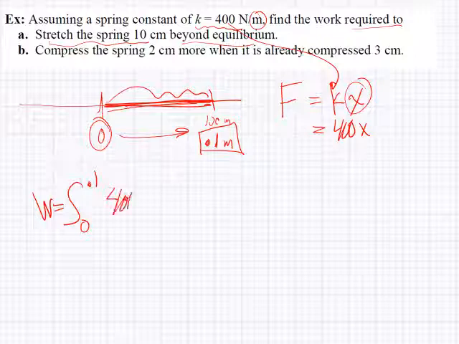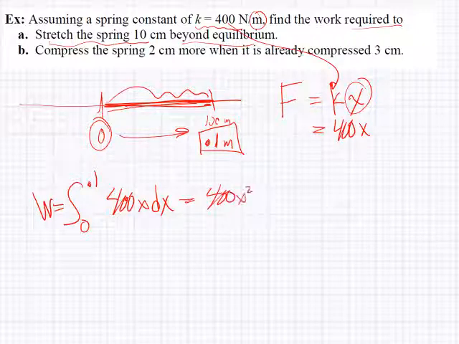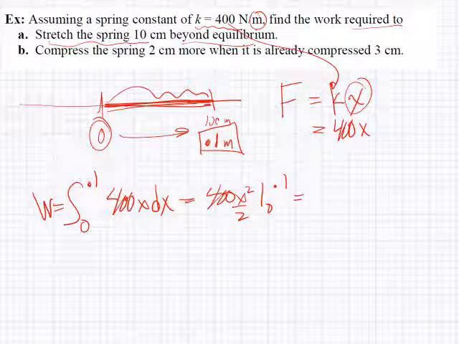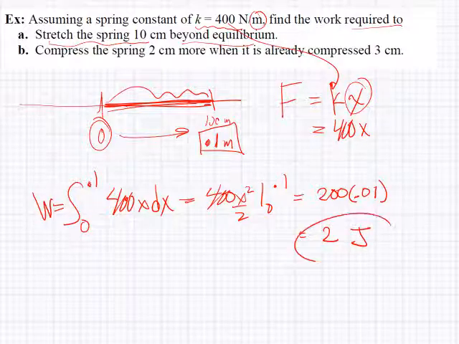So if I took this 400x dx and integrated it between 0 and 0.1, that should give me the work done. And that's a pretty easy integral to do. We would get 400x squared over 2, between 0 and 0.1. So we would get 200 times 0.1 squared, which would be 0.01. So we would get 2 joules.